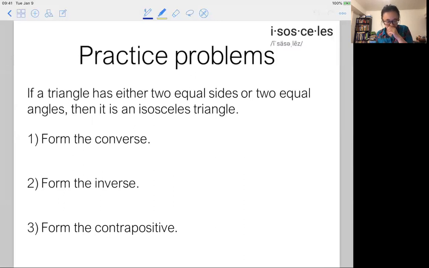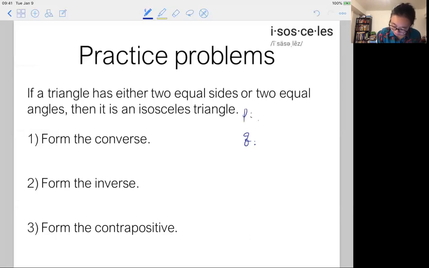The statement is, if a triangle has either 2 equal sides or 2 equal angles, then it is an isosceles triangle. By mathematical definition, an isosceles triangle has 2 equal sides, which implies it has 2 equal angles. But let's translate the English statement into variables.